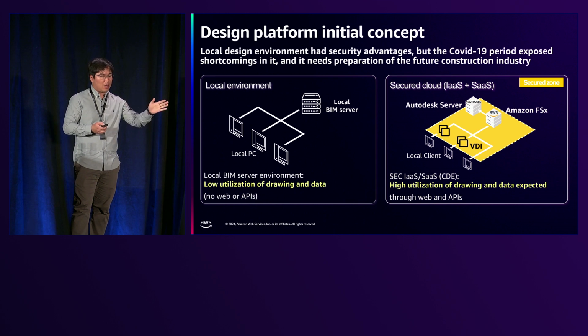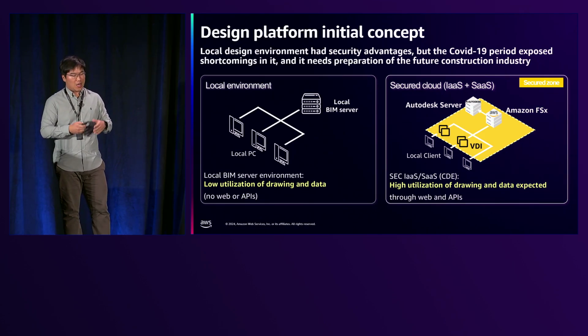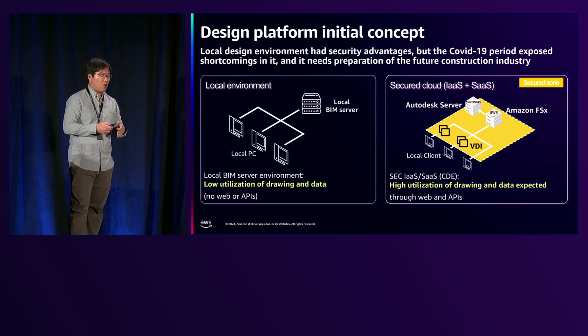Data goes to the Autodesk server every day, where they translate the data to a web version so that the data can be utilized instantly. By doing this, we can make high utilization of the drawings, and the data expected for all the users is a way better environment compared to the local environment.